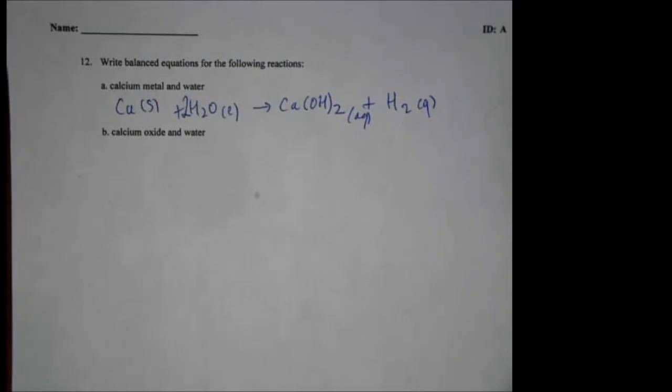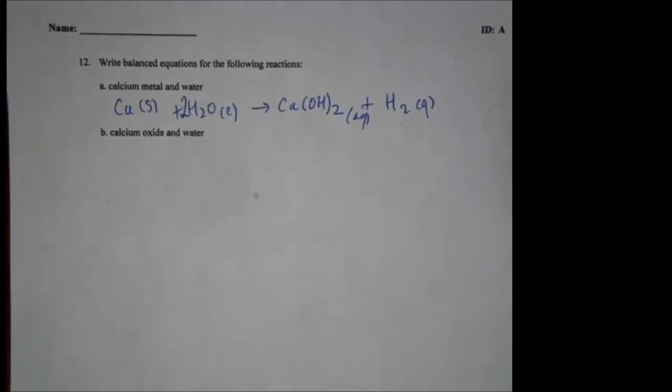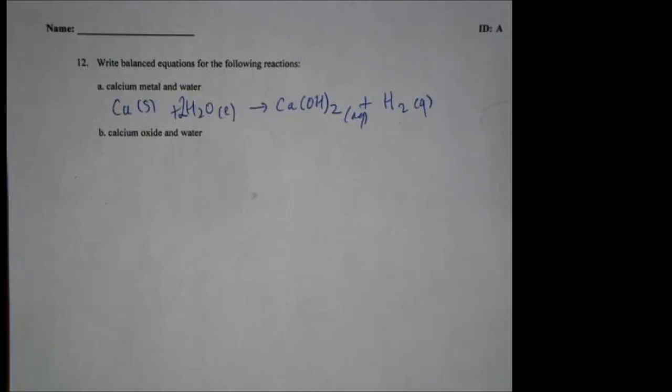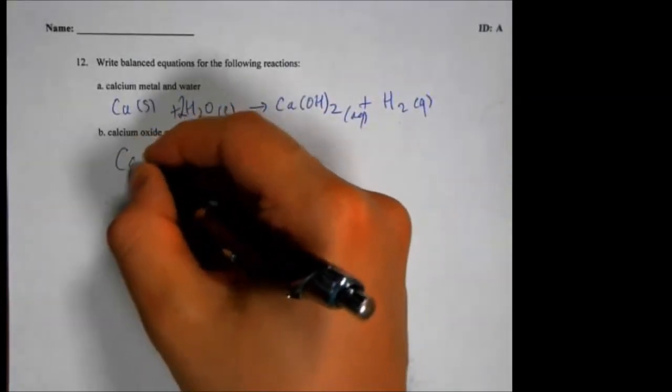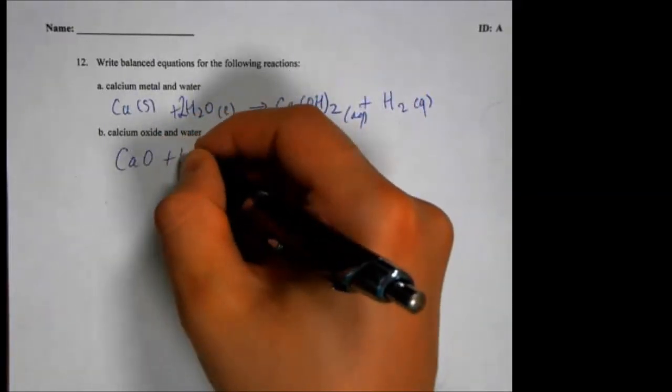And this one's a little tough. It is in the textbook, and it's something that you do have to know about, but it is something that you may not have seen explicitly mentioned in class, but it is an example in the textbook. So calcium oxide plus water.